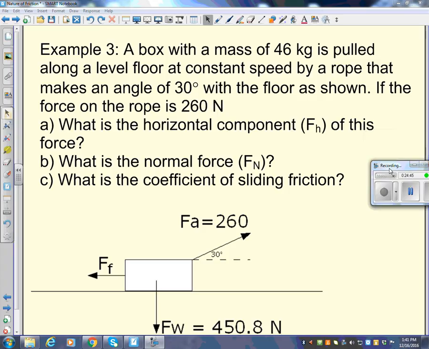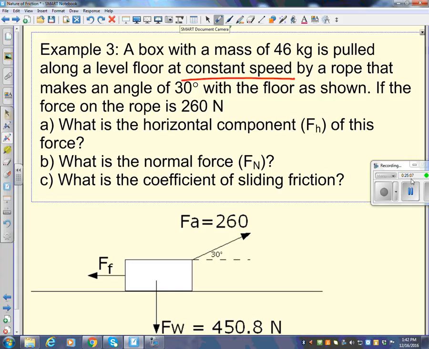A box with a mass of 46 kilograms is pulled along a level floor at a constant speed. What does constant speed mean? No acceleration. Forces are balanced. It is pulled by a rope that makes an angle of 30 degrees with the floor as shown. If the force on the rope is 260 newtons, what is the horizontal component of this force?